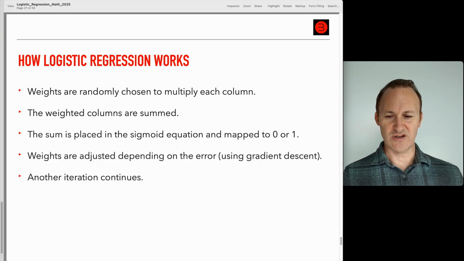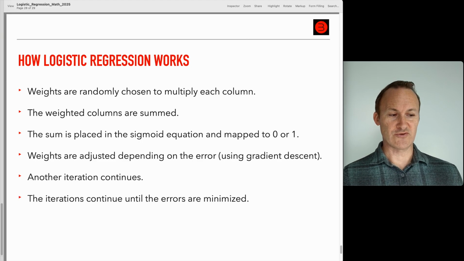And basically, you go for another iteration, right? You adjust the weights and then you do this again. You multiply them by the columns. You sum the columns together, right? And when we're doing this, think about it like a row at a time. So, each individual row has sort of like one number that's going into that sigmoid, and that's going to end up in this 0 or 1, okay?